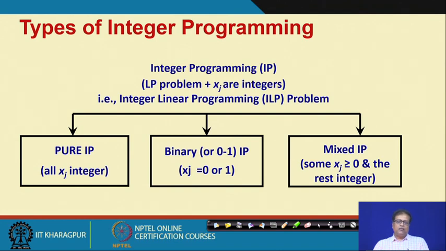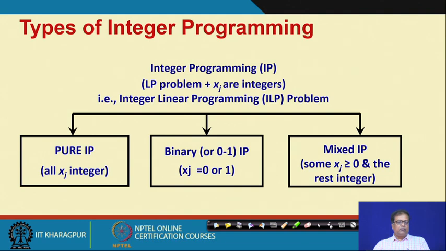We shall mainly discuss the integer linear programming problem, that is ILP. Now, such problems are essentially of three types. One is pure integer programming problem, binary integer programming problem and mixed integer programming problem.